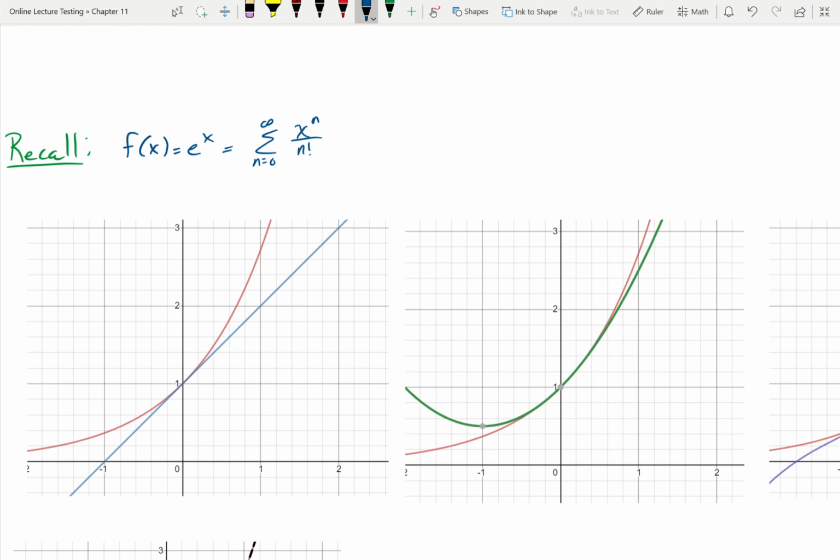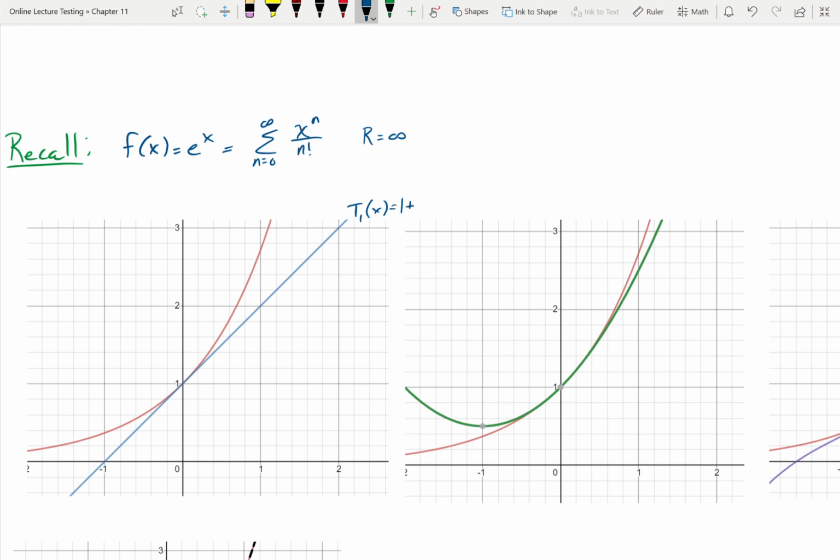All right, and we found out its radius of convergence was actually equal to infinity in that case. So what I've done here is I have graphed the Taylor polynomial starting with n equal to 1.